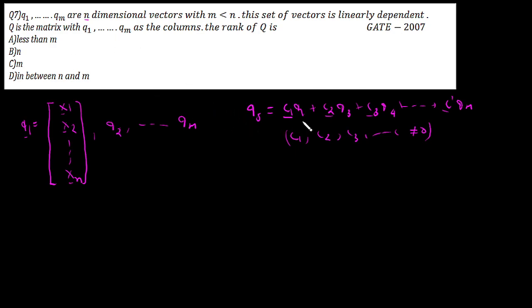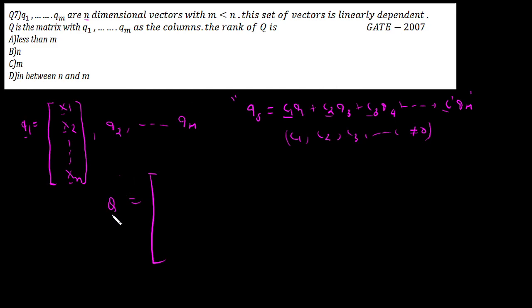So now the condition is given in this form. From this statement we can draw a conclusion like this. q is a matrix. They have formed the matrix q with the help of these m vectors. Let's write it here. What is the matrix q? It is stated in the question, q is the matrix with q1, q2 up to qm as columns.